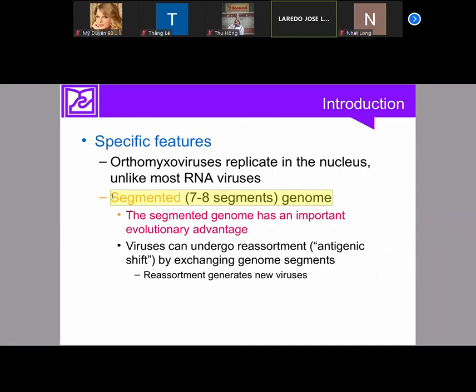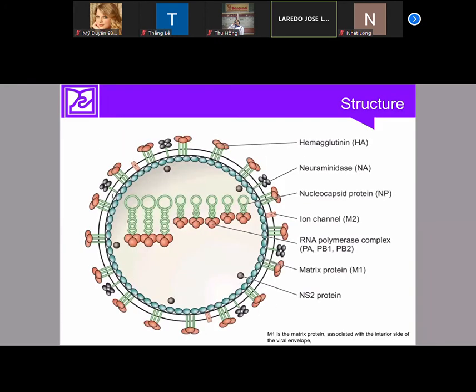What is the meaning of segmented genome? The meaning is that the genetic information is contained in different molecules. The genetic information of the virus is split, divided into different segments.